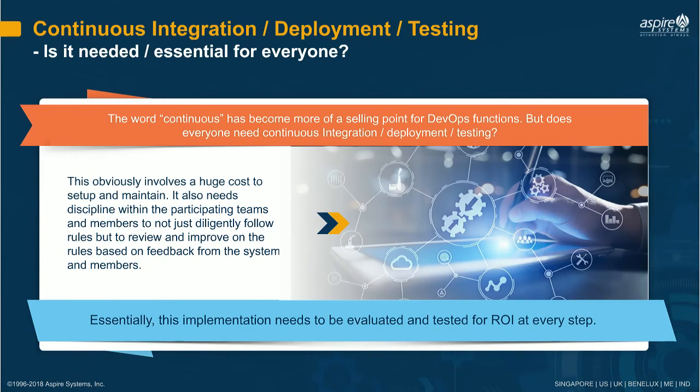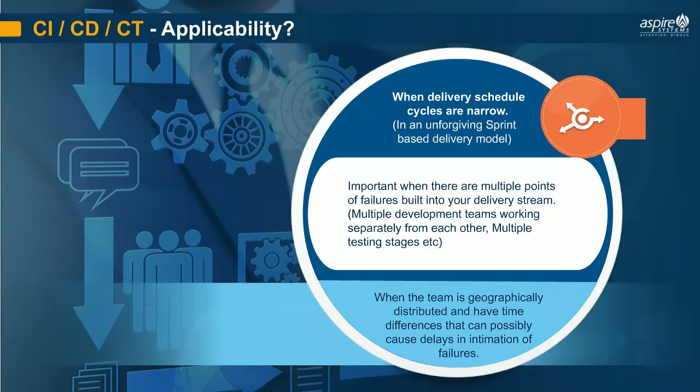So when would you do continuous integration or all of these continuous processes? Typically, we've seen that continuous integration, deployment, or testing is required when your delivery cycles are very narrow, when you have a very unforgiving sprint where every release is important and these releases are timed in very quick succession.